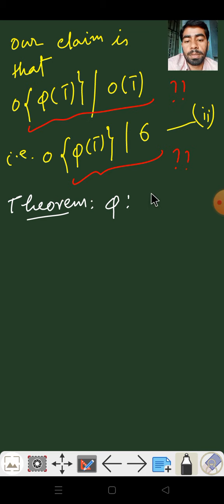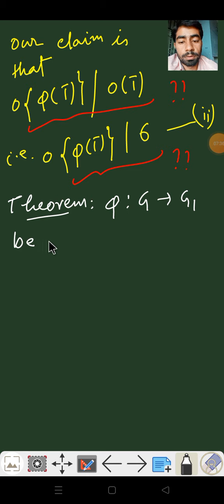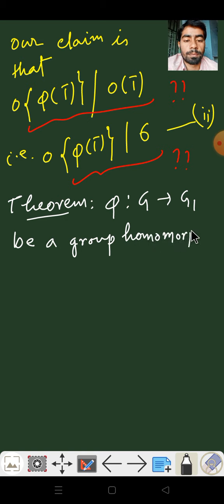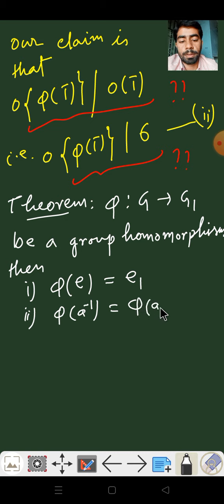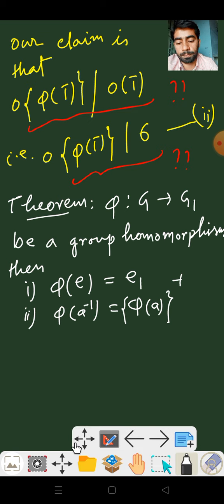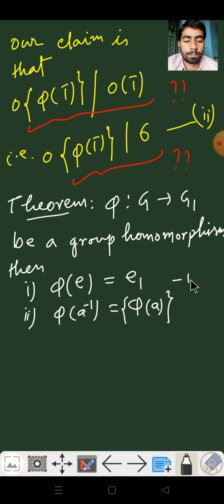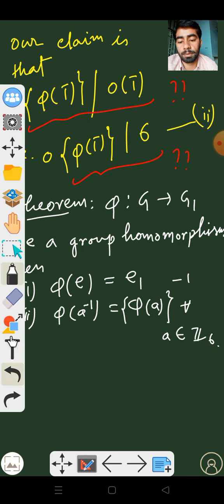There is a theorem: if phi from G to G1 is a group homomorphism, then number 1, phi of E equals E1, where E1 is the identity element in G1 and E is the identity element in G, and number 2, phi of A inverse equals phi of A whole inverse, for all A belonging to G.